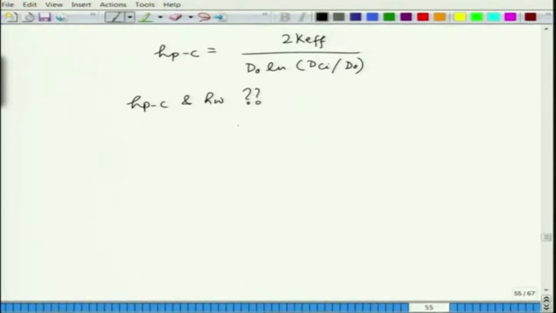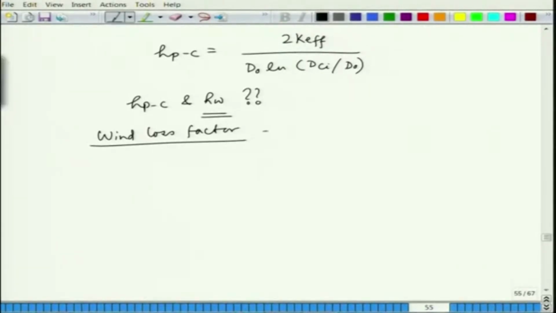We did not know that for the whole analysis, we needed them, and now we know what is the heat transfer coefficient between the plate and the cover. Now, what is left is this wind loss factor. Okay.